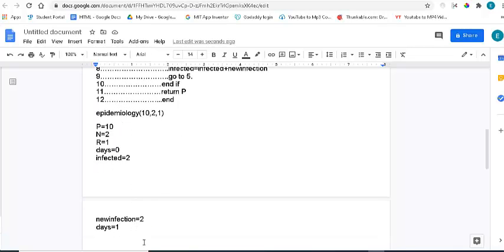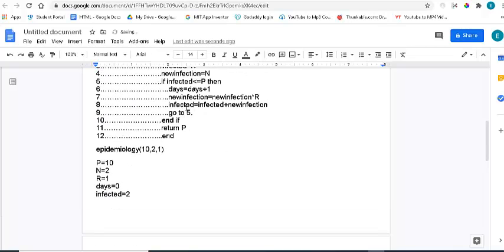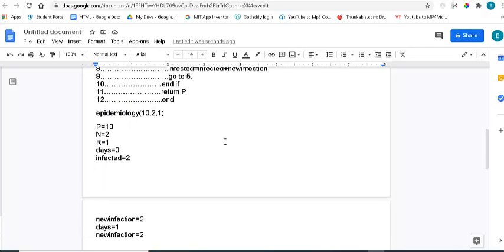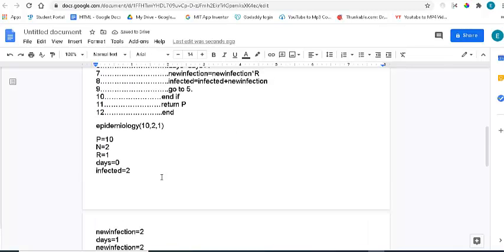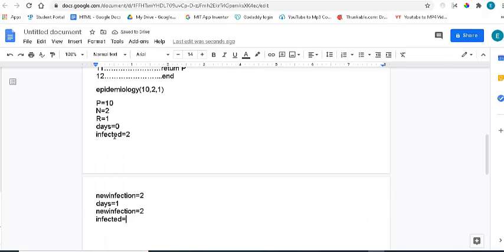So new infection becomes the previous one, 2, times r. So it becomes 2. And then infected is equal to previous infected plus new infection. So infected becomes 2 plus 2, so it becomes 4.